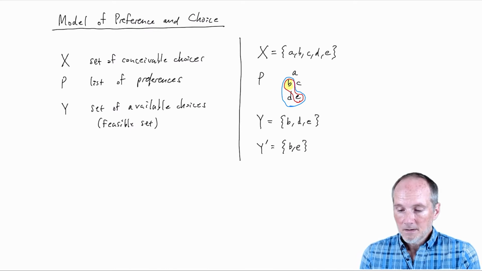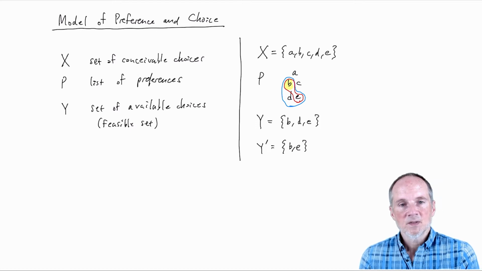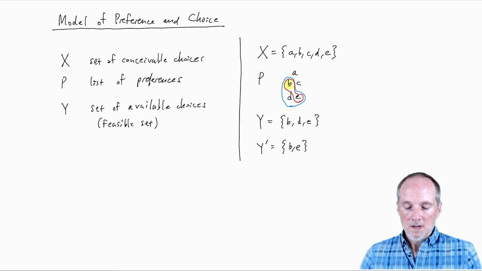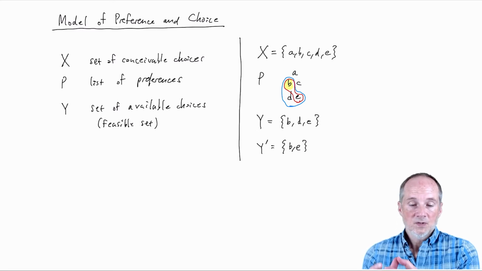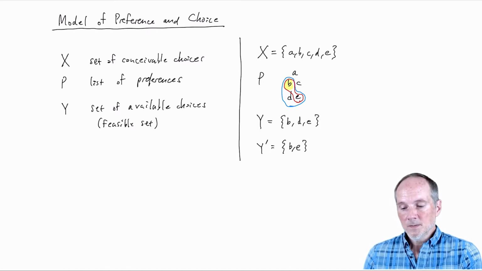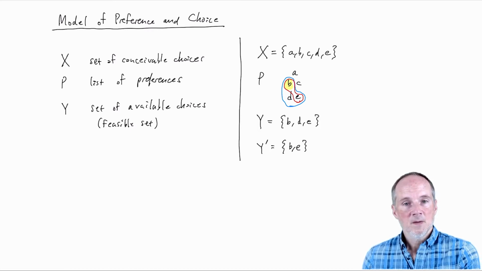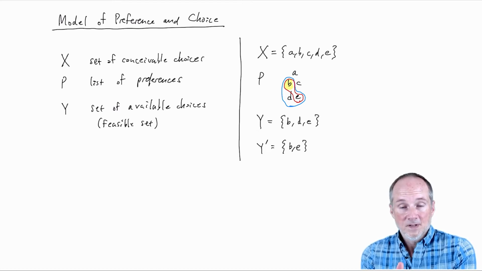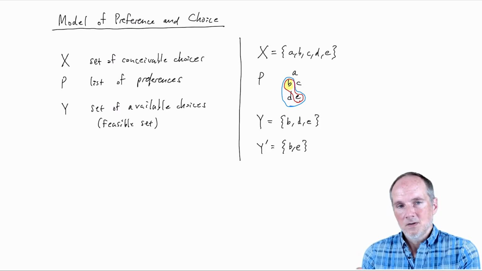But that's actually illustrating a more general principle that you see not just in this really simple model, but in really any model of rational choice. If a decision maker is making some choice that's feasible, it's the best thing that they can choose, and then some other options become unavailable, well, that first thing that you were choosing, it's still going to be the best that you can get, right?